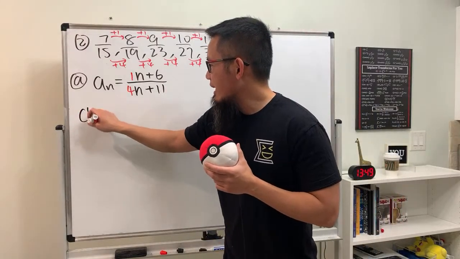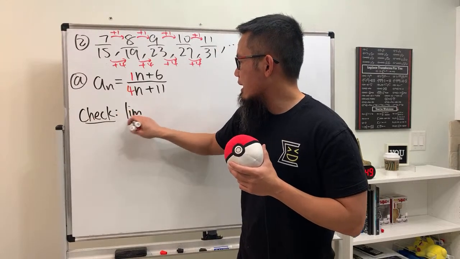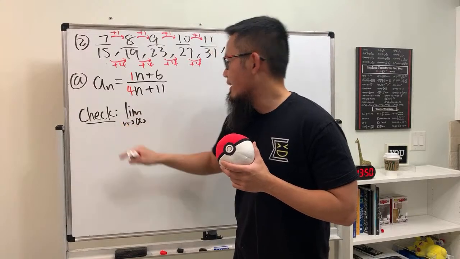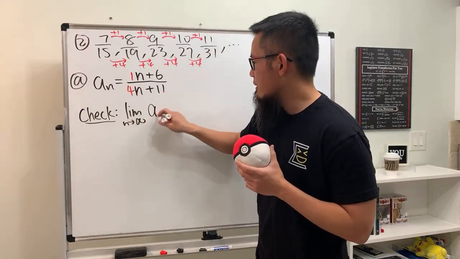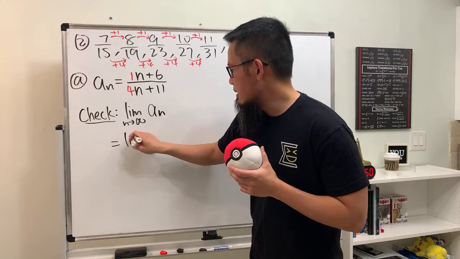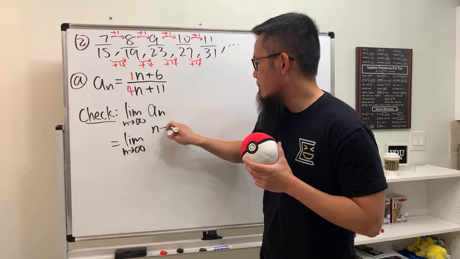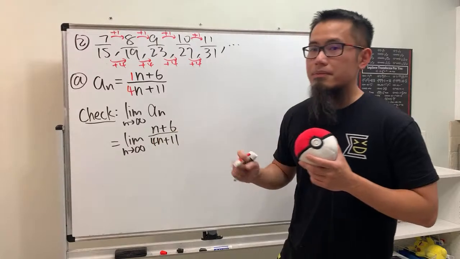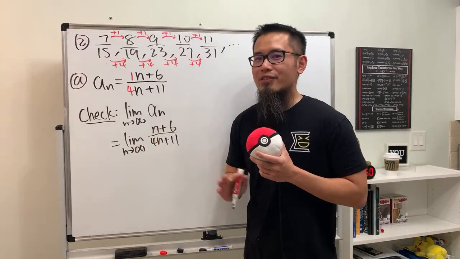And now, does a_n converge or not? Well, for this, we're just going to check the limit as n goes to infinity of a_n, right? And then let's see, this is the limit as n goes to infinity of (n plus 6) over (4n plus 11). Well, this is a rational expression, which is very nice.